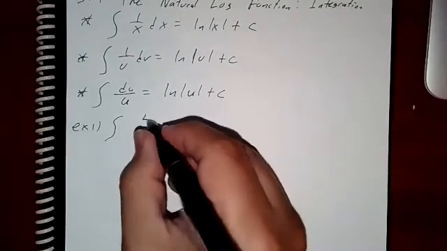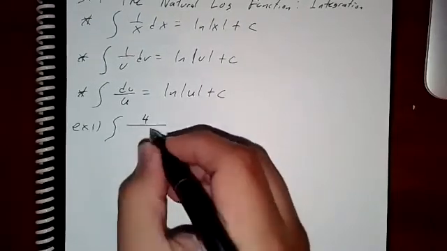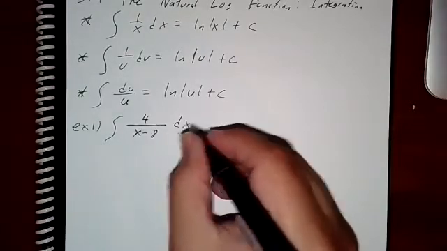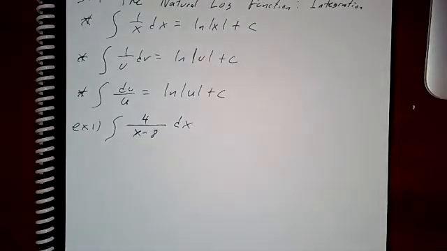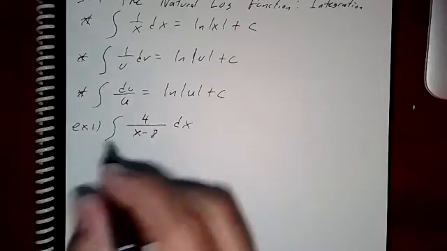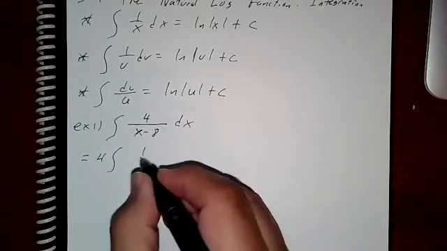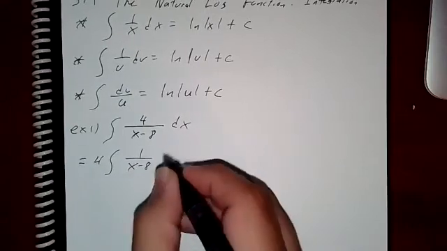So the integral of 4 over x minus 8 dx. You have to be able to spot that this is an ln type problem. So you use substitution, right? I'm going to pull out that 4 and notice I have 1 over x kind of.